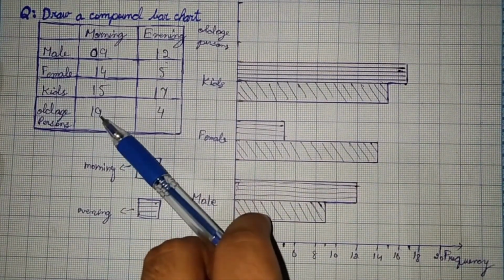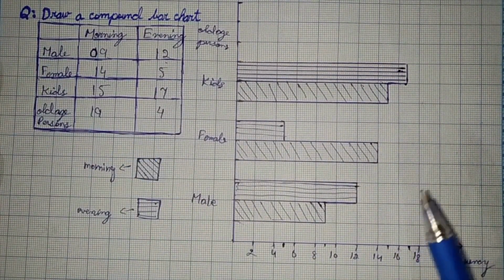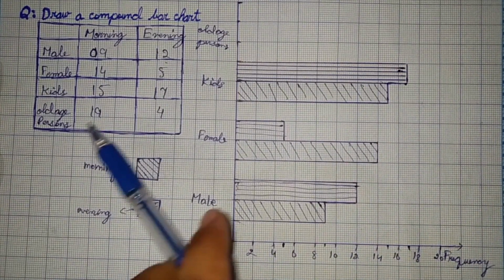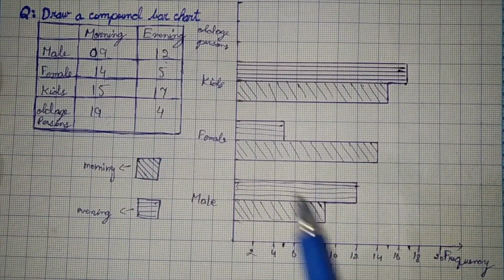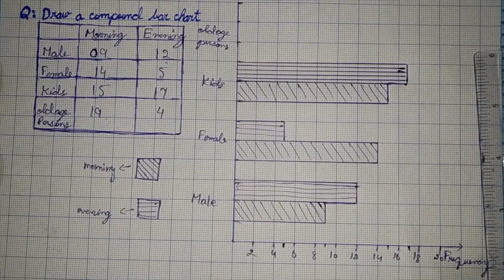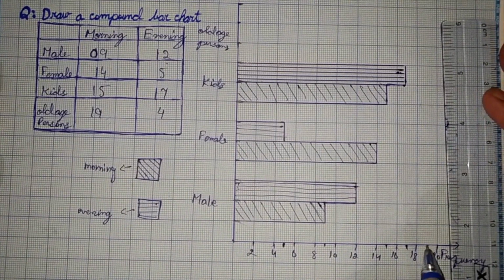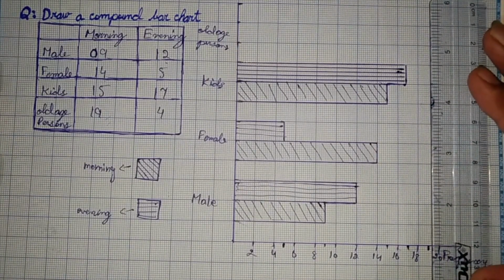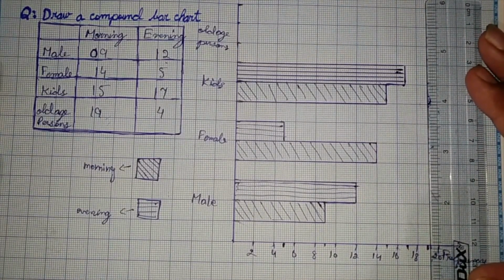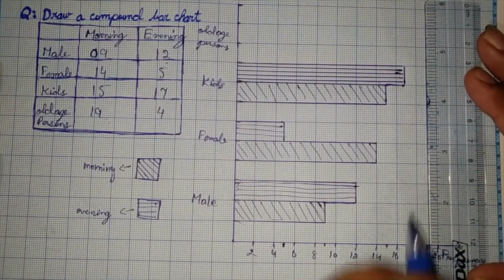Now we have our last part, old age persons. Here are 19 old age persons who used to do exercise in the morning. So 19 will come between 18 and 20, so here we have it like this.